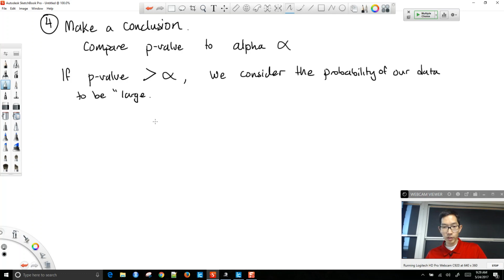Okay? If the p-value is greater than alpha, we consider the probability of our data to be large.